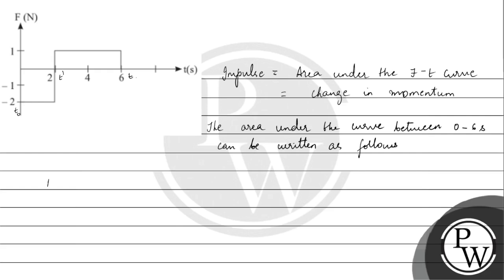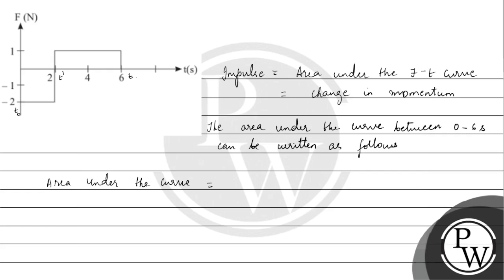So area under the curve, तो पहले ये जो है t नॉट टू t प्राइम, वहाँ पे पहले कैलकुलेट करेंगे एरिया अंडर द कर्व, फिर we will add that with the area under the curve between t prime and t.